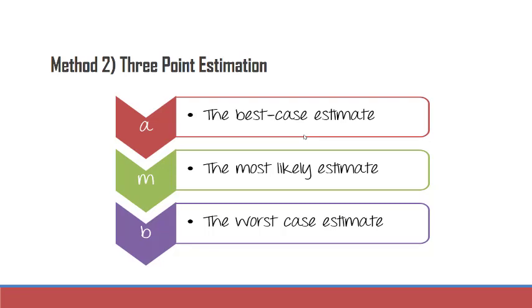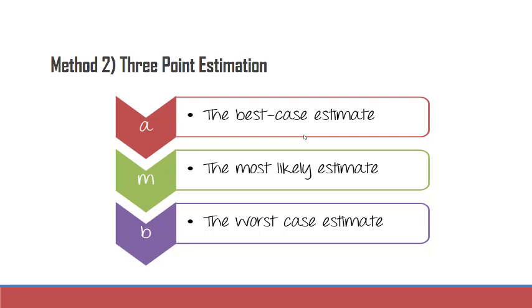Now let's say the most likely estimation is an averaged out estimation, wherein you feel that yes, I should keep some extra hours so that there is no hurry in completion of the project. And the final is the worst case estimation, wherein you will put in more hours based on looking at the length of the task, or the worst case can happen that there is a blocker, there is a bottleneck wherein you're not able to do it, so you should keep some extra hours.